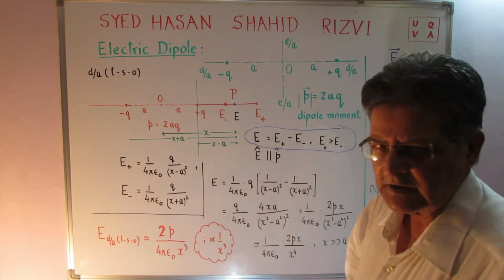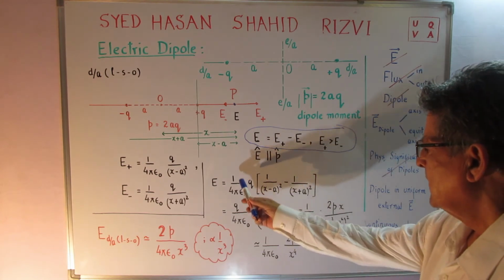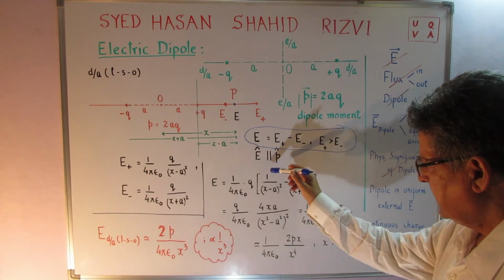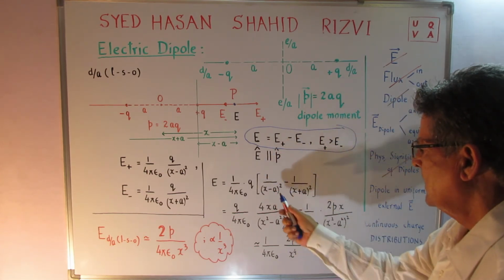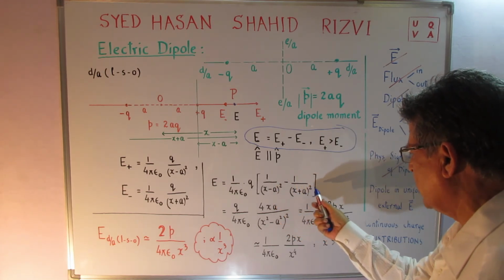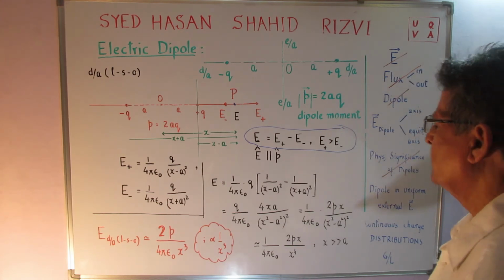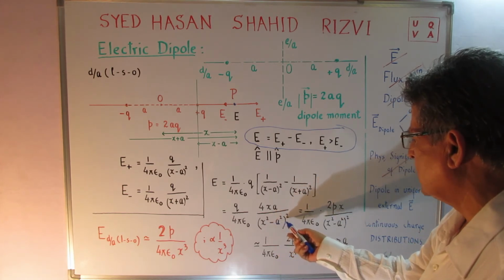So the value of E I can write as 1 upon 4 pi epsilon naught into Q, and in the brackets what I have is 1 upon x minus A whole square minus 1 over x plus A whole square.